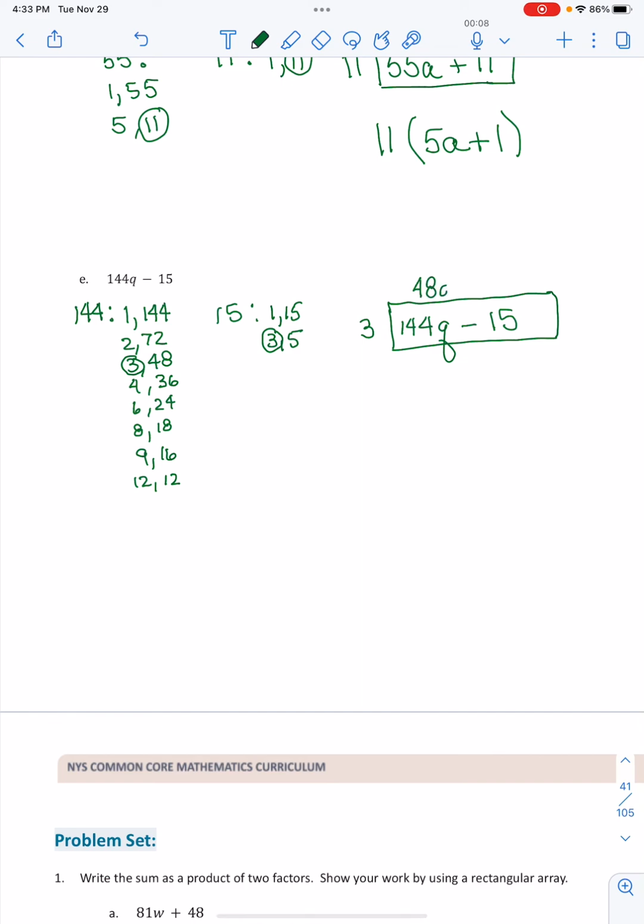Bring up my q. 3 goes into negative 15 negative 5 times. So 3 times 48q minus 5 in parentheses. Here ends lesson 9.